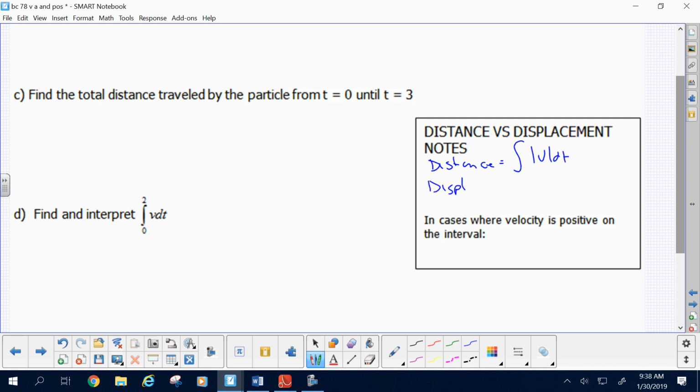Displacement is change in position. That then means you do want to incorporate signs, so velocity. However, there are sometimes cases where velocity is positive on the interval. Then you would say something like, because velocity is positive on the interval, this integral, which normally is just displacement, is both displacement and distance.